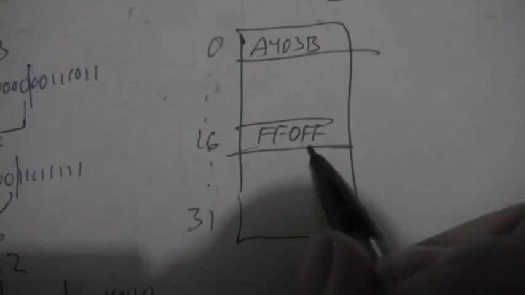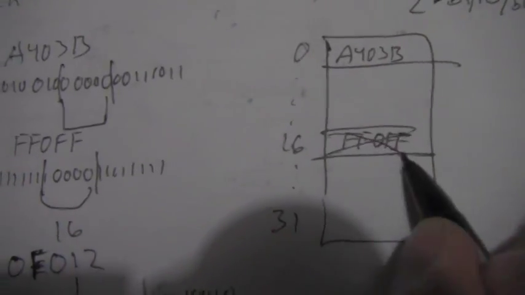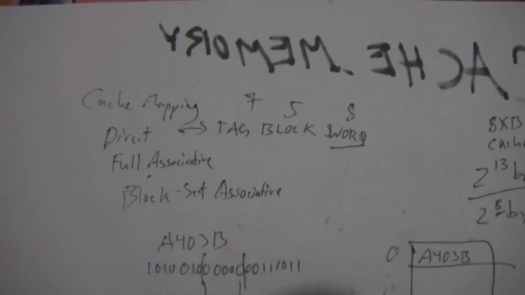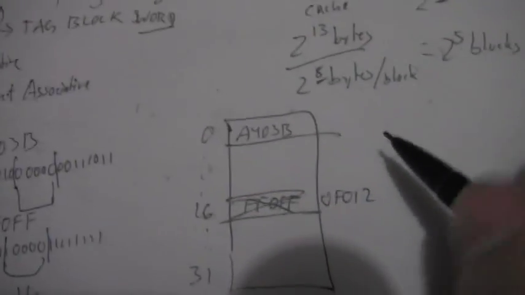That would give you another 16. But there's already something in 16, so what do you do? Well, you erase this, and then you load this entire block. So that's 0F012. So that's direct associative, direct mapping rather.